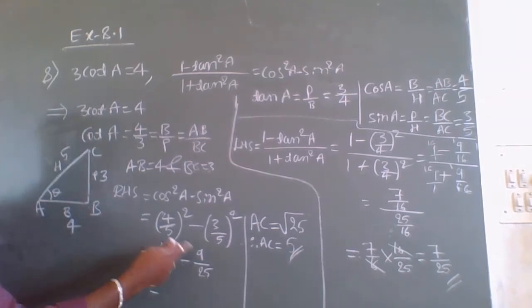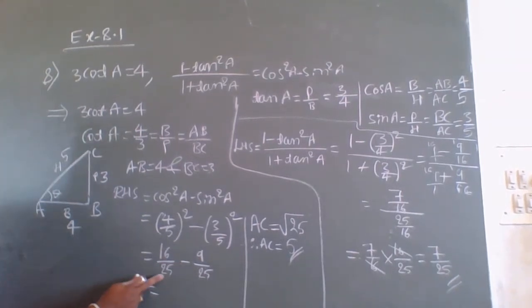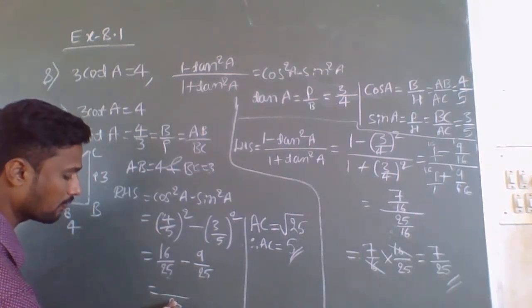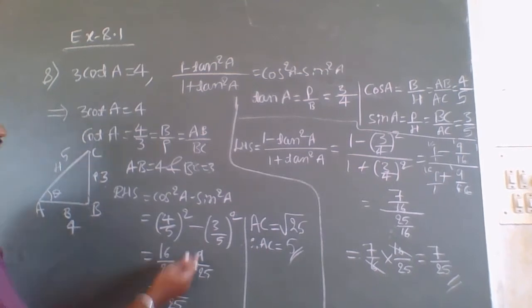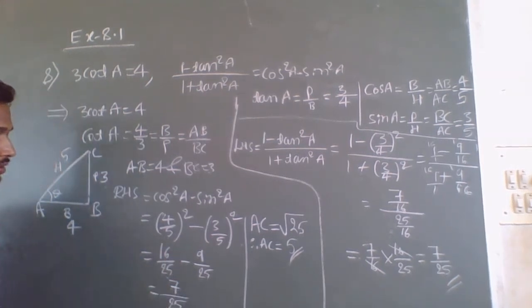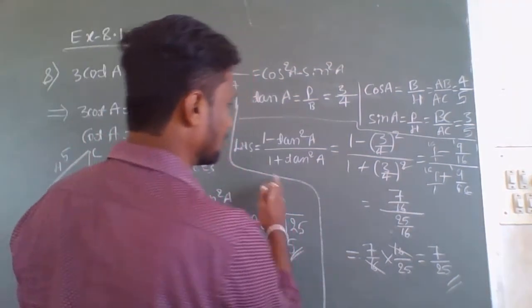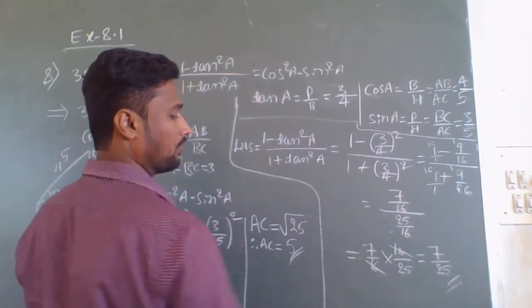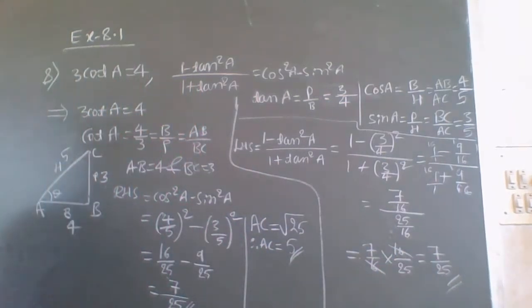So here 16 by 25 minus 9 by 25, where 25 is the LCM, and 16 minus 9 gives 7. So for RHS also we got 7 by 25 only, and for LHS, 1 minus tan square A divided by 1 plus tan square A, we also got 7 by 25 only.